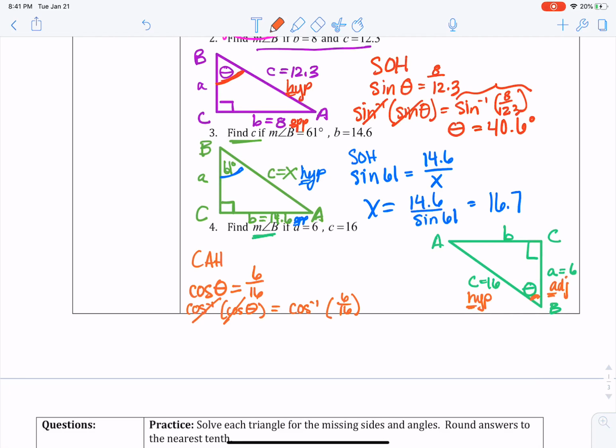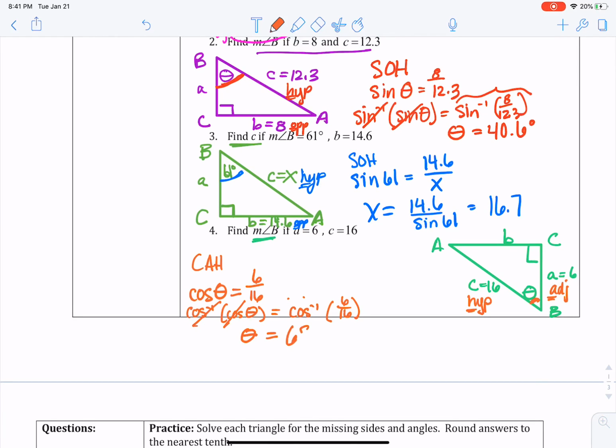This cosine and arc cosine cancel, so that I have theta equals, in the calculator, you do second cosine, 6 divided by 16. Don't forget to close the parentheses, and we get that theta is 68.0 degrees. We are rounding to the nearest tenth. So make sure that you do that so we can keep some kind of consistency, so that when we have tests, you remember that we are rounding to 1 decimal place.